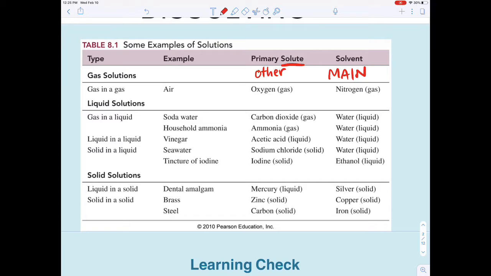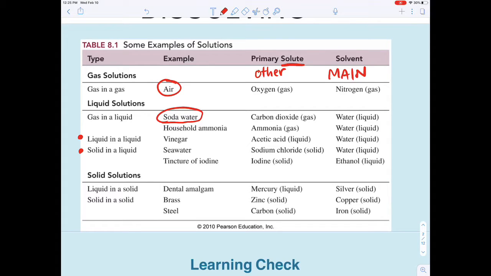So this table is just showing you that we often talk about these two right here, liquid dissolved in liquid or solid dissolved in liquid. But there are also other examples of solutions that could be gas dissolved in liquid, for example, soda. Gas can be dissolved in gas. The air we breathe is a mixture of gases.